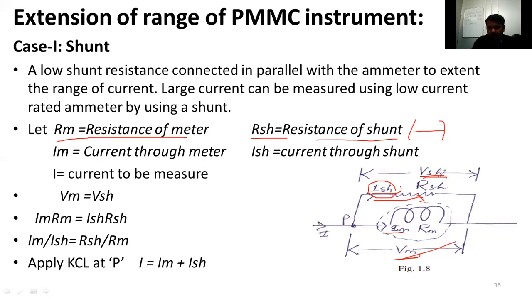According to Ohm's law, what is the formula for the voltage? V is equal to IR. Yes, V is equal to IR. So this voltage and this voltage, we are telling, is a property of the parallel circuit, VM equal to VSH. We can use that.